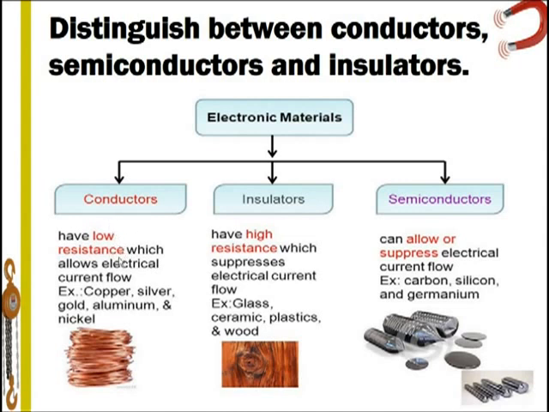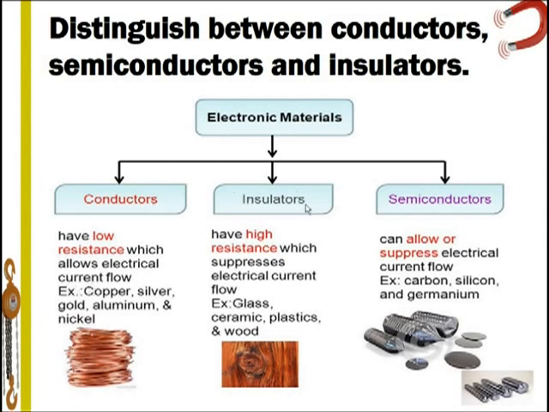There wasn't any real resistance, or if there was, it was relatively low compared to, say, an insulator. So in other words, conductors have low resistance, which allows electrical current to flow. An example of where this is the case is in elements or materials such as copper, silver, gold, aluminium, and nickel. So these are examples of conductors which have low resistance.